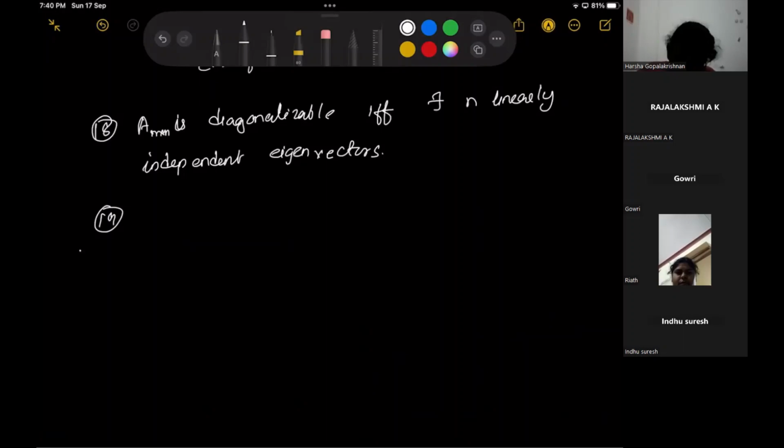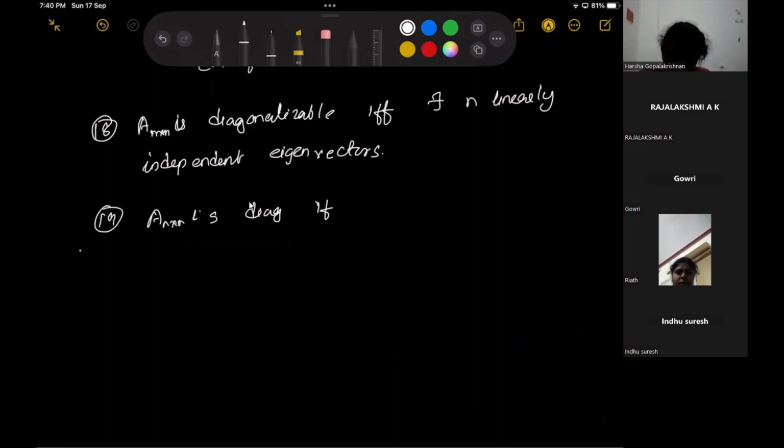Okay, so let me go to the next result. Now again, A is an n by n matrix. Now we are giving an if condition. Earlier it was an if and only if condition. Now, if some condition is satisfied, then it is diagonalizable.